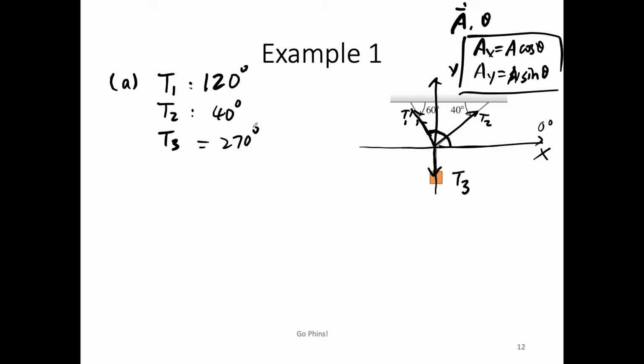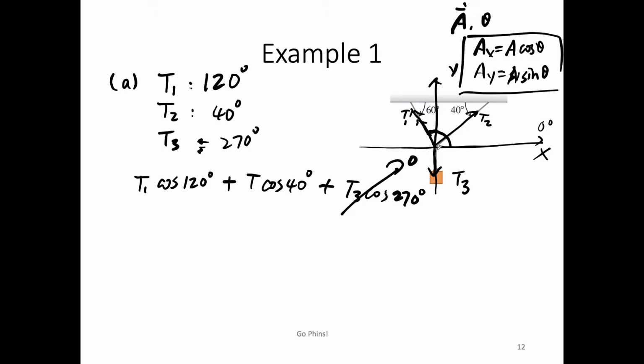So the x components have to add up to 0. You have T1 cosine 120 degrees, which now gives me a negative number, plus T2 cosine 40, plus T3 cosine 270. Of course, cosine 270 is 0. T3 doesn't have an x component. Makes sense.